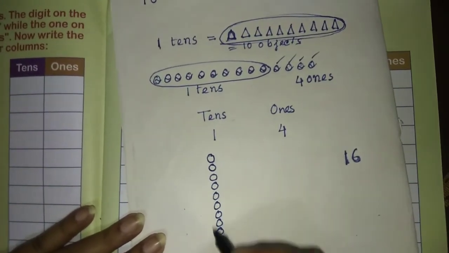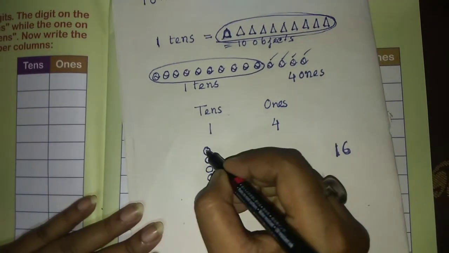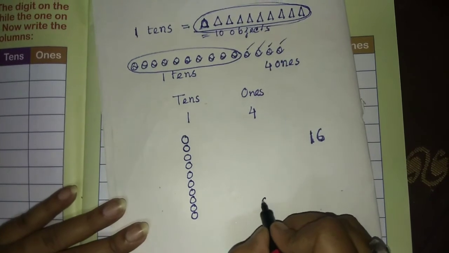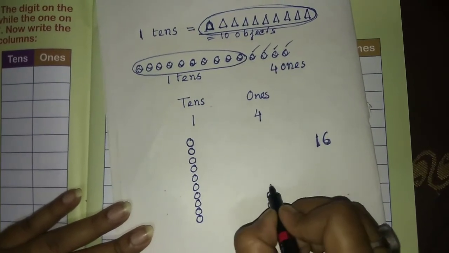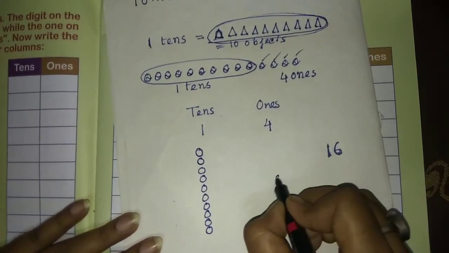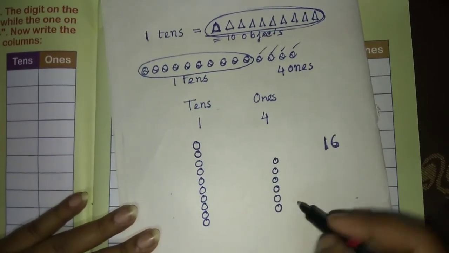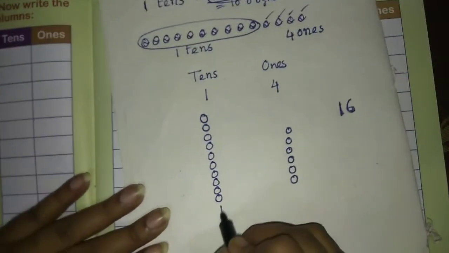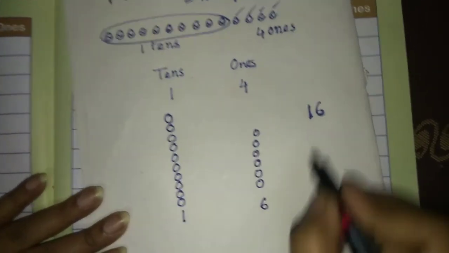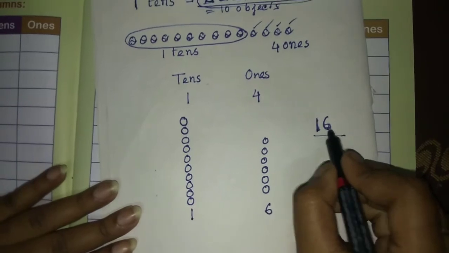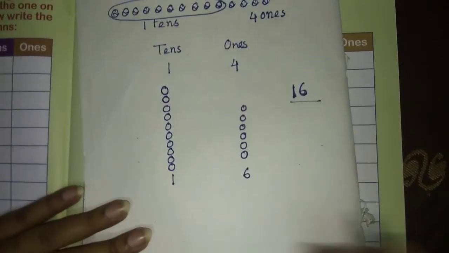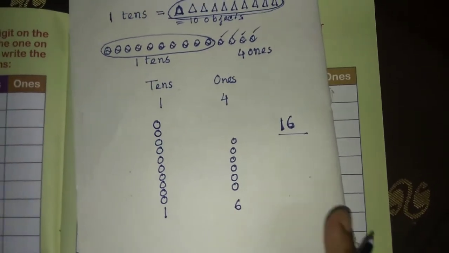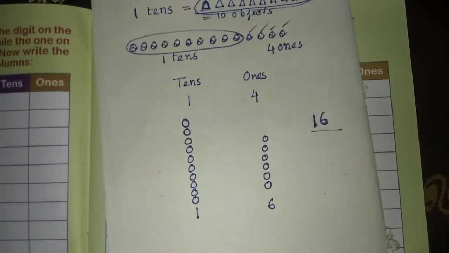Here is 1 tens, and 6 more. How can I show this? 1 2 3 4 5 6. So here is 6, and here is 10, means 1 tens. Like this, 1 tens, 6 ones, that is 16.